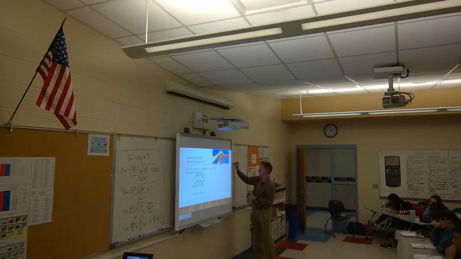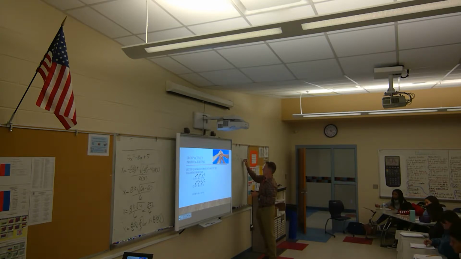Negative of negative 8. Keep going. Plus or minus the square root of negative 8 squared. It's going to be the same thing. Minus 4 times. Awesome.